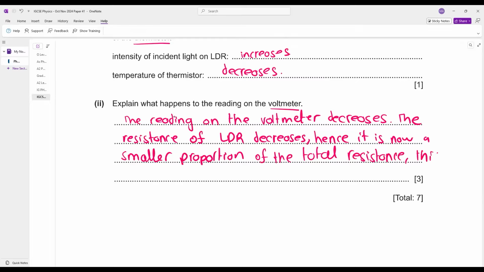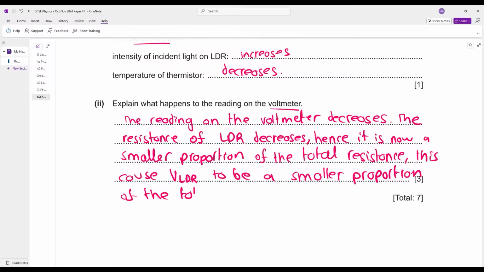This causes the voltage across LDR to be a smaller portion of the total EMF. Easy peasy lemon squeezy. इससे ज्यादा और क्या इजी होगा?